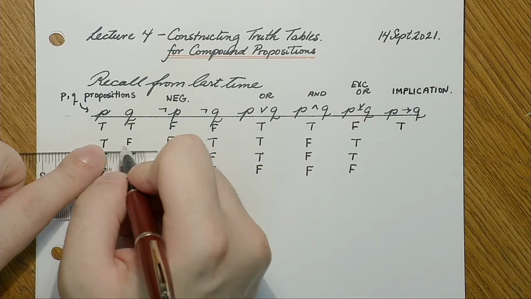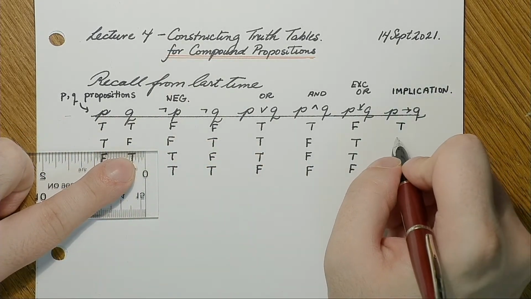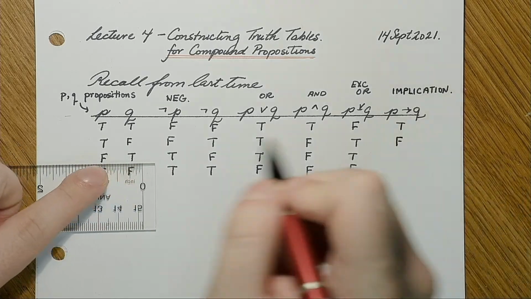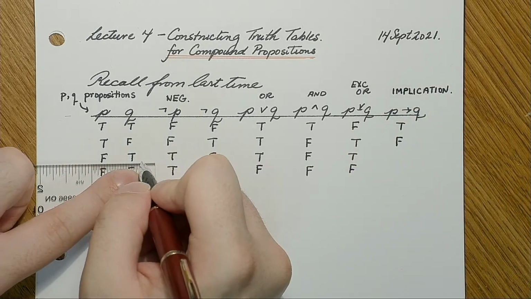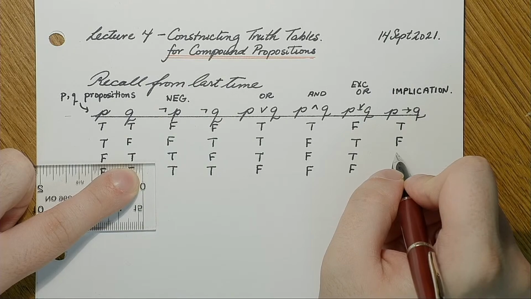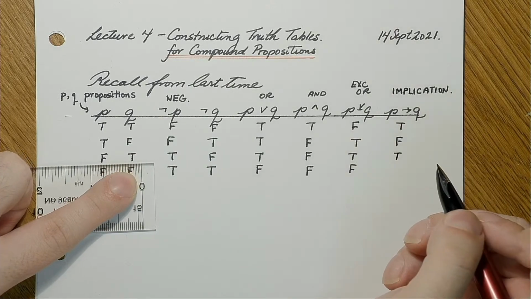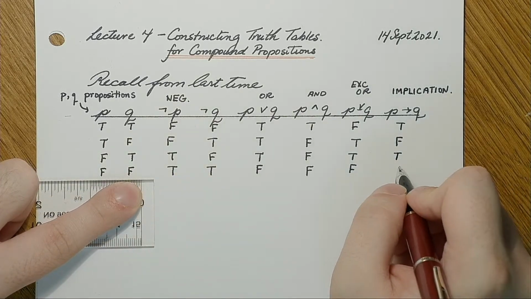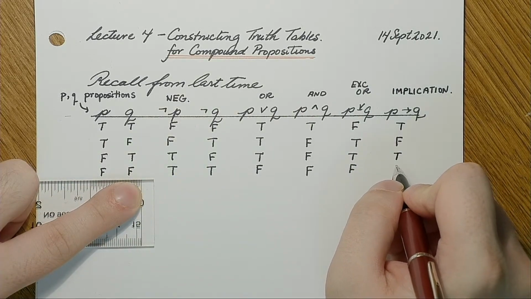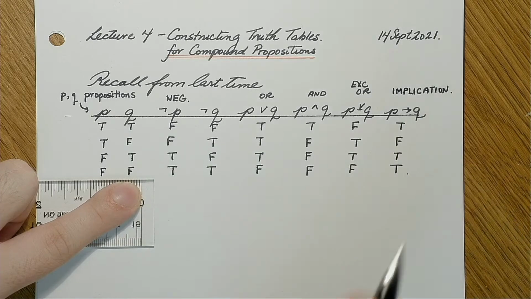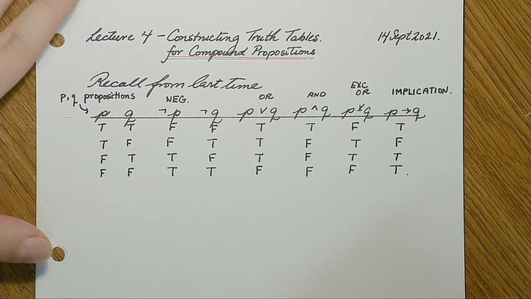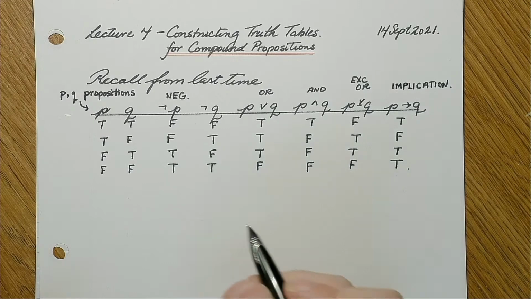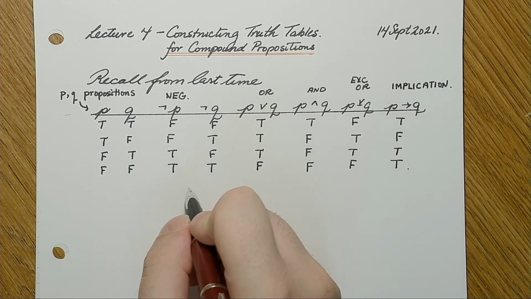I stepped in poison ivy and I didn't get a rash, that's not possible, so false. I didn't step in poison ivy, but I got a rash, this is true. You can have a rash from lots of things. And I didn't step in poison ivy and I didn't get a rash, that's true. So those are our logical connectives from last time.